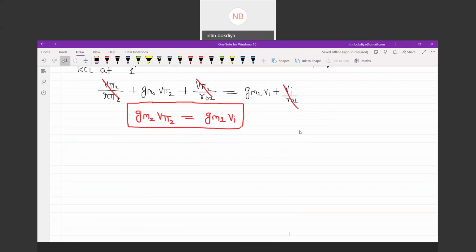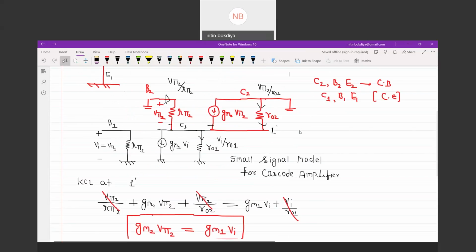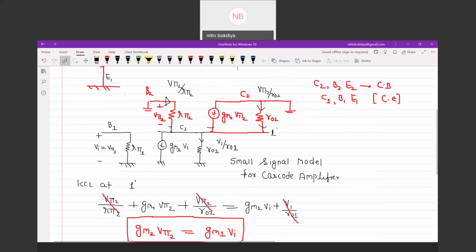We are interested in the output current. So what is the output current? We can easily find the value of the output current from this. The total output current of the circuit is given by this. The output current is divided into two parts, this part and this part.